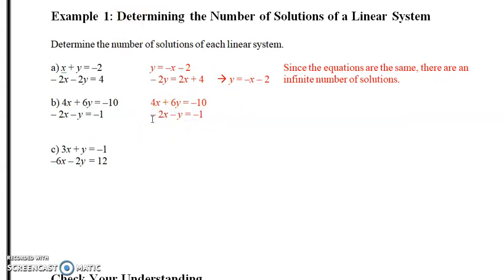If I put brackets around here and multiply the whole thing by -2, we would end up with 4x plus 2y equal to 2.